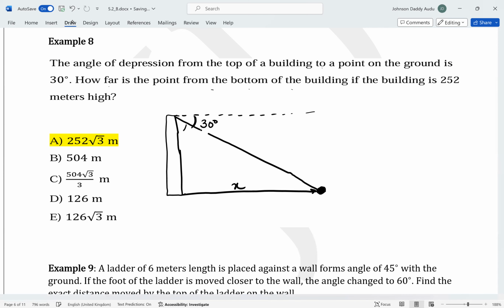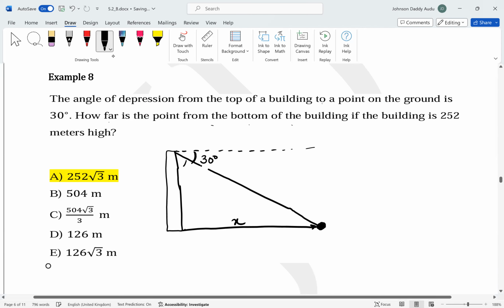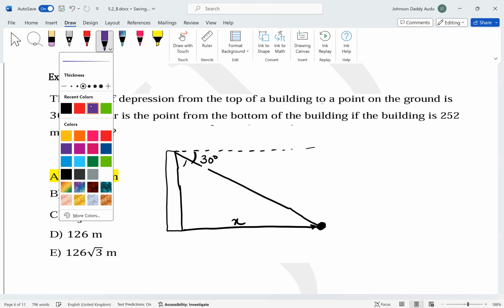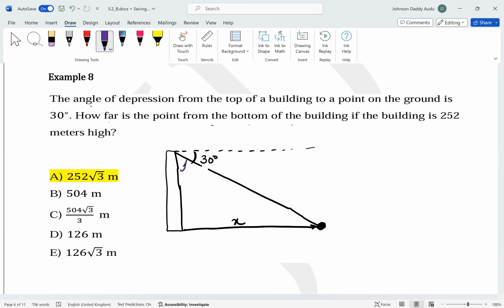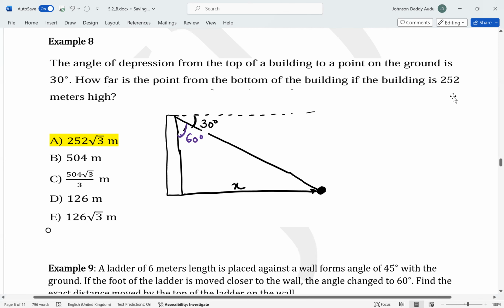Now this is 60 degrees. If we have 60 degrees, then we can find this x. The height of the building is known, 252 meters. So to find x, we can just use sine.